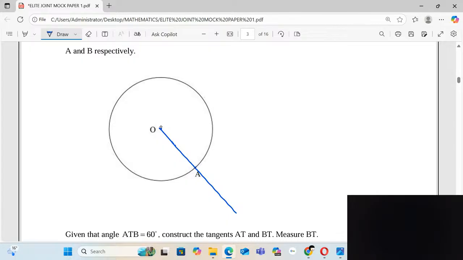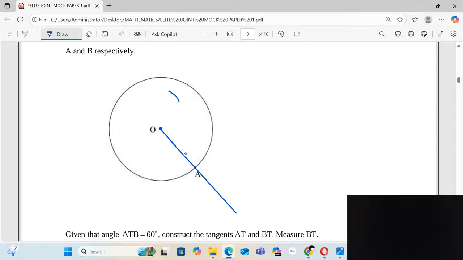Therefore, this is center O. I want us to look for point B. Being at point O, you can extend your compass so that you make an arc somewhere there.